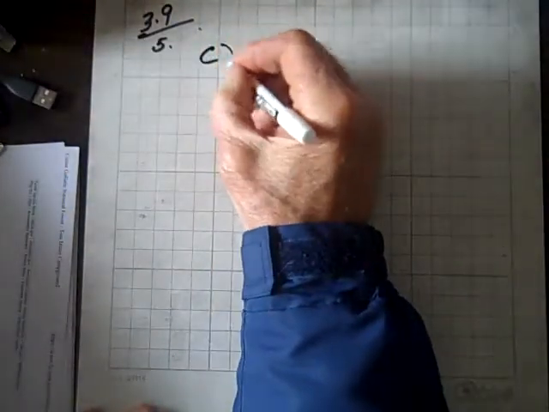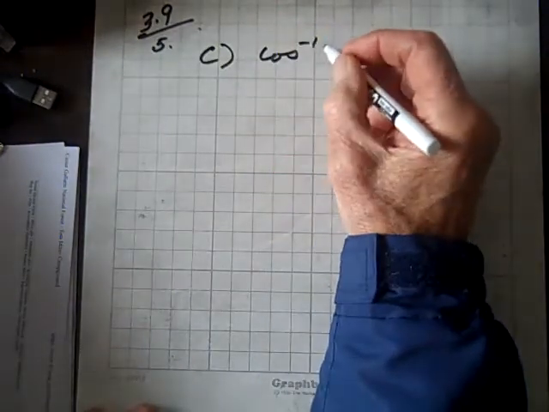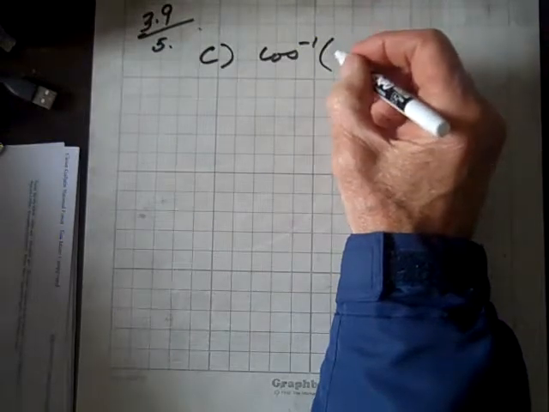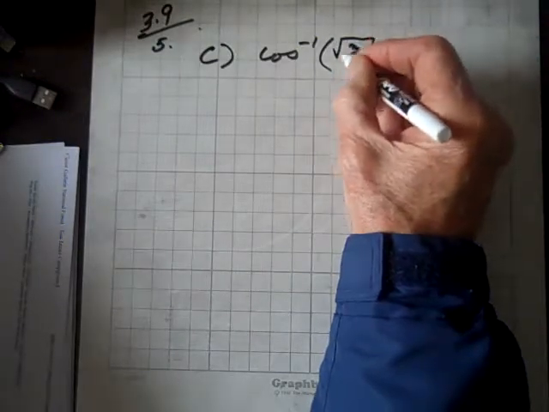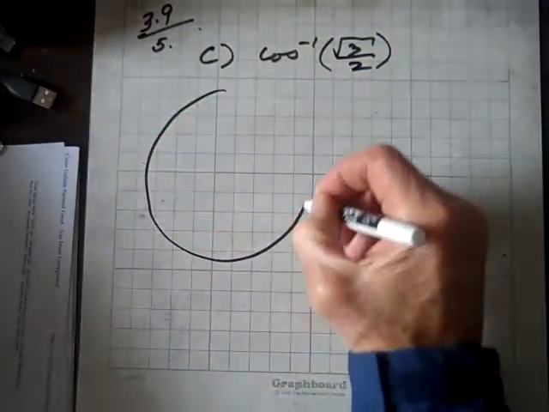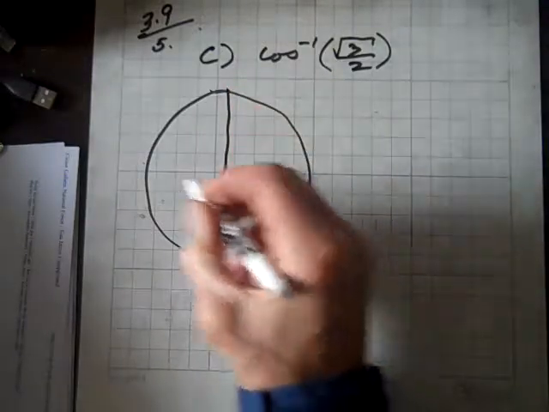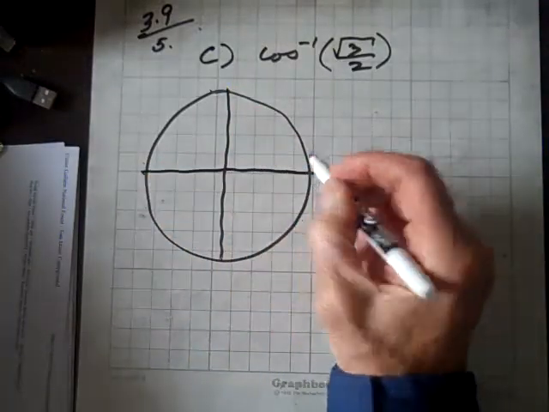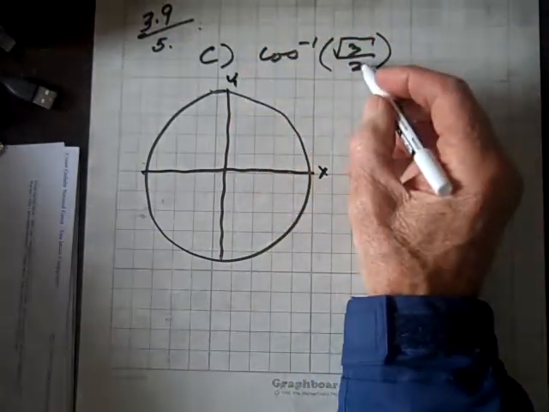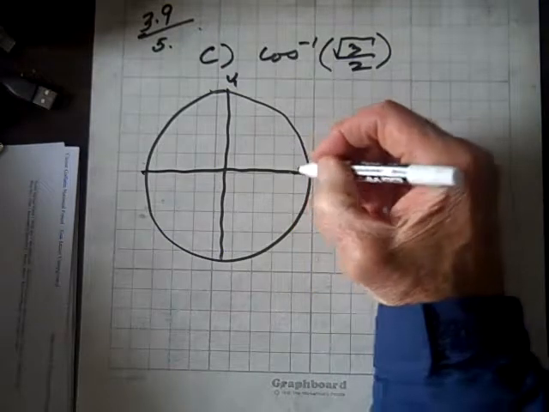And we're looking at the inverse cosine of √3 over 2. And we'll draw our circle and X and Y, and so we've got a radius of 2. We're going to go over √3, which is almost 2.